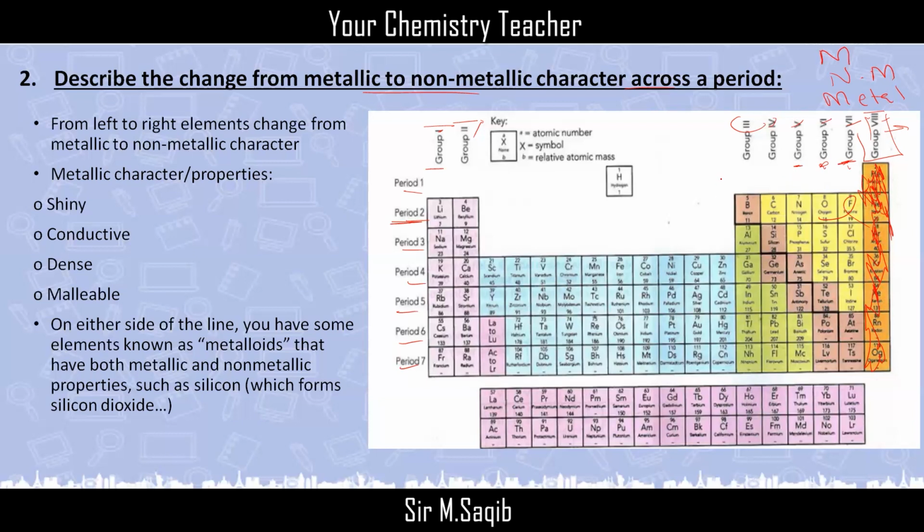As you can see, there is a line that starts from boron and goes down here. It is already there, but I am going to make it again for you.